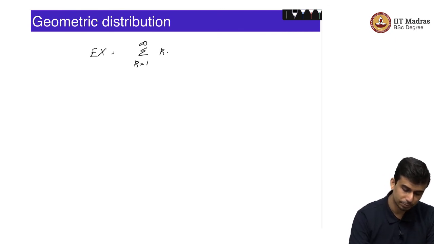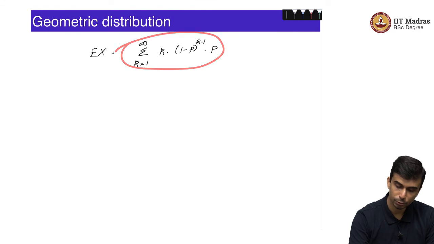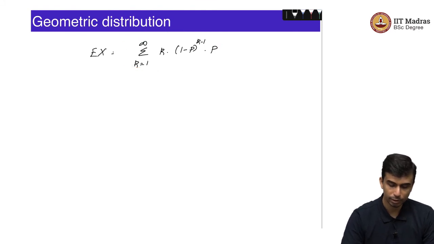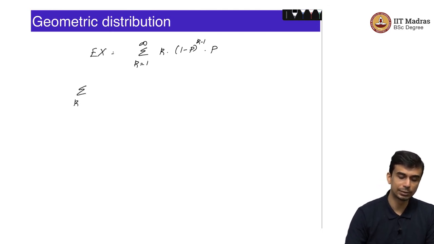So, what is EX? Well, EX is the sum over k equal to 1 to infinity of k into (1 minus p) power k minus 1 into p. This is not so easy to do straightforwardly, because this is not a geometric series, and not an arithmetic series either. This is what is called an arithmetico-geometric series. You can use some standard tricks to get this sum.